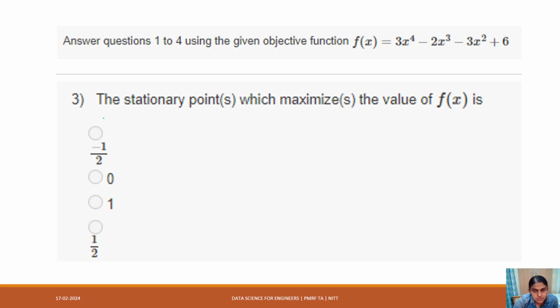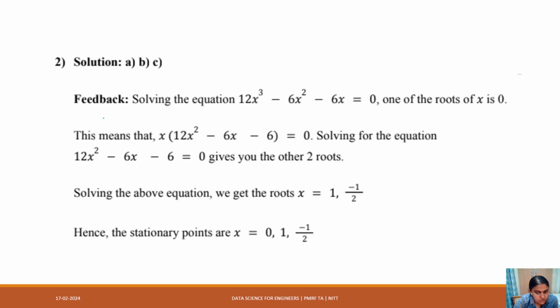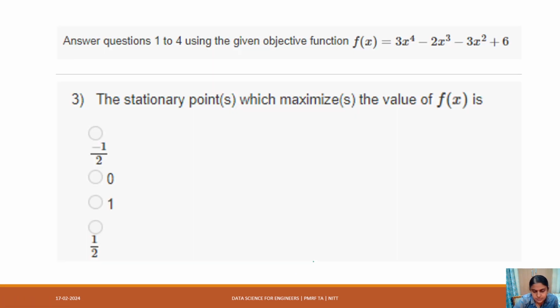So same question, the stationary points which will maximize the value of f of x is asked. So you got the stationary points as 0, 1 and minus 1 by 2, okay. So now you have to find out where the maximum points lie.